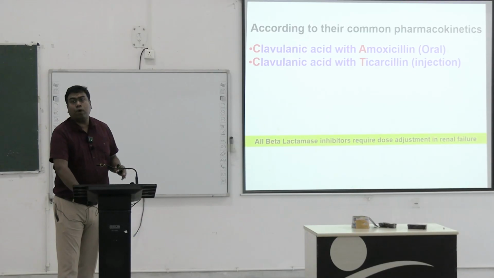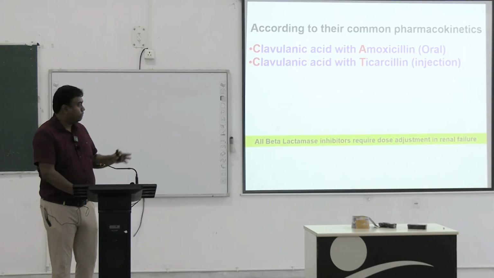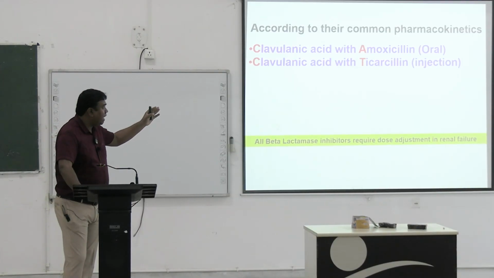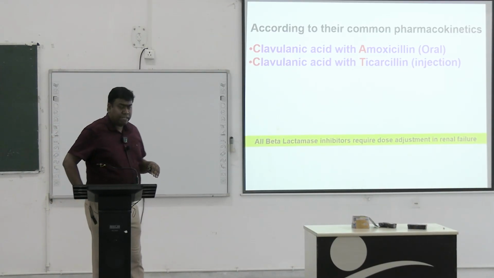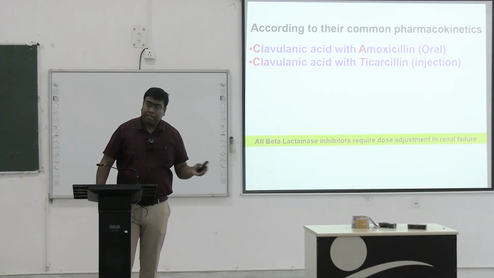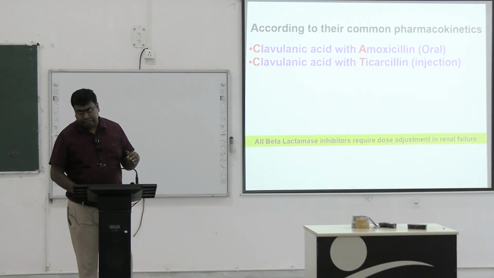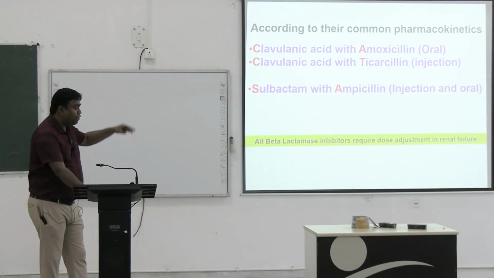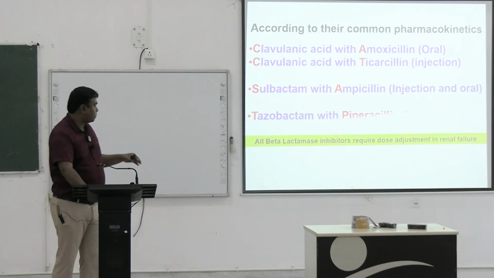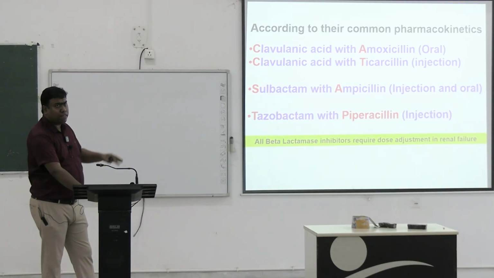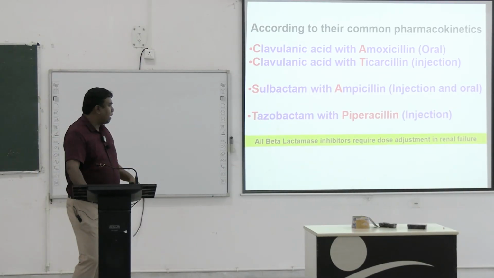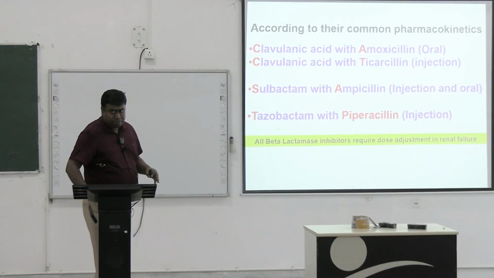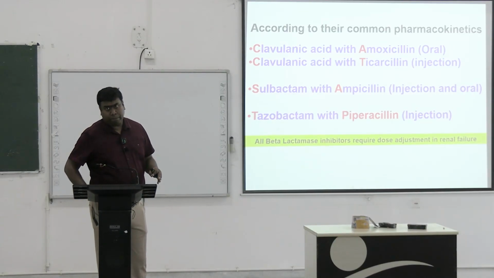Name is Amoxiclav. Clavulanic acid along with Ticarcillin is given by injection. Why? On the basis of similar pharmacokinetics. Similarly, Sulbactam is given with Ampicillin, both injectable and oral, whereas Tazobactam is given with Piperacillin, injectable.